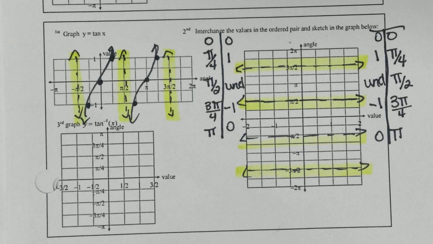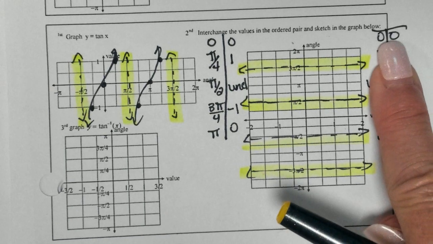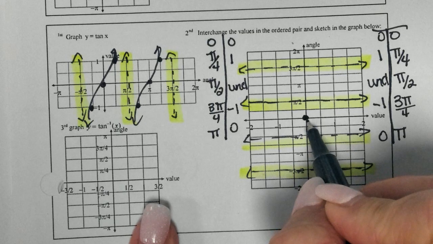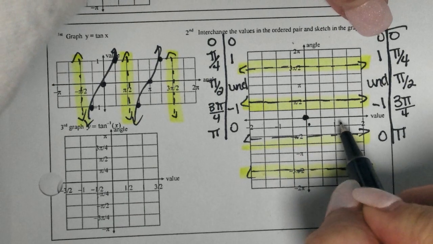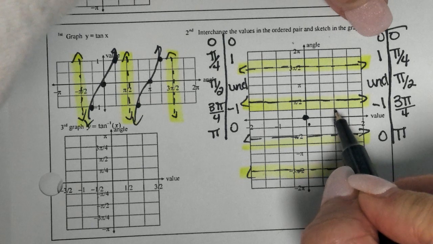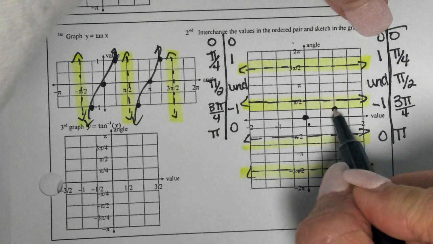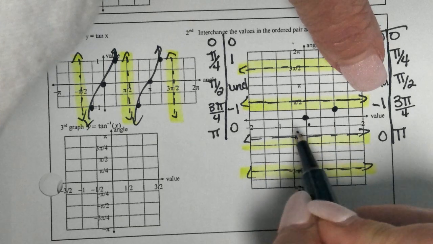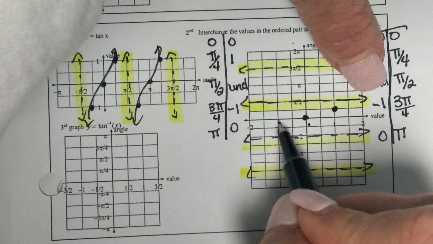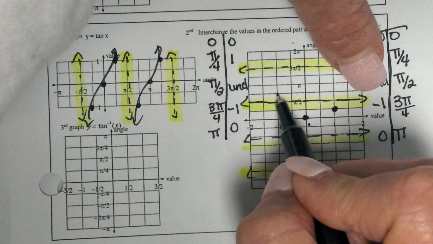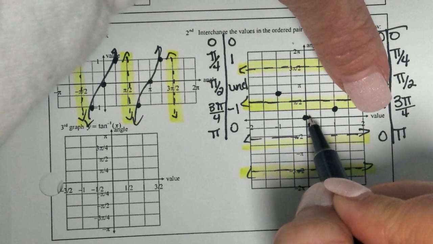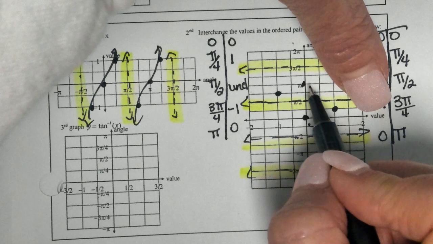And to plot our points, we've got the point 0, 0, right here at our origin. Then we're going to 1 and up to pi over 4. Undefined. Then we go to -1 and up to 3 pi over 4. 0 and pi.